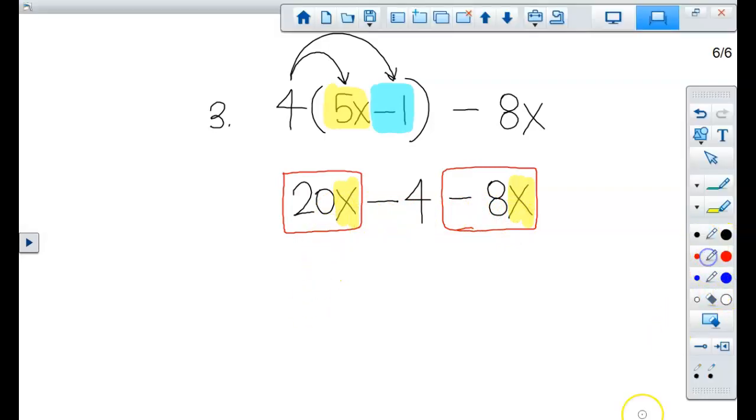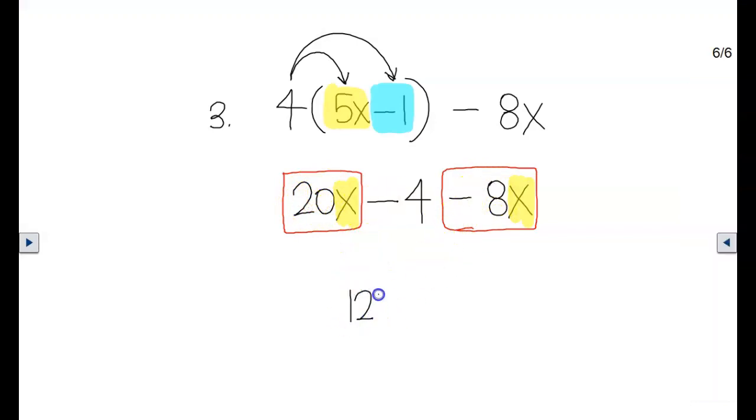So let's do what it says. What does it say to do? It says to do 20 minus 8. So if I do 20 minus 8, I get 12. And then remember, we let them keep the variable part that they had in common. They keep that last name of x. So 20x minus 8x is 12x. Now, what about the minus 4? You can see there are no like terms for minus 4.